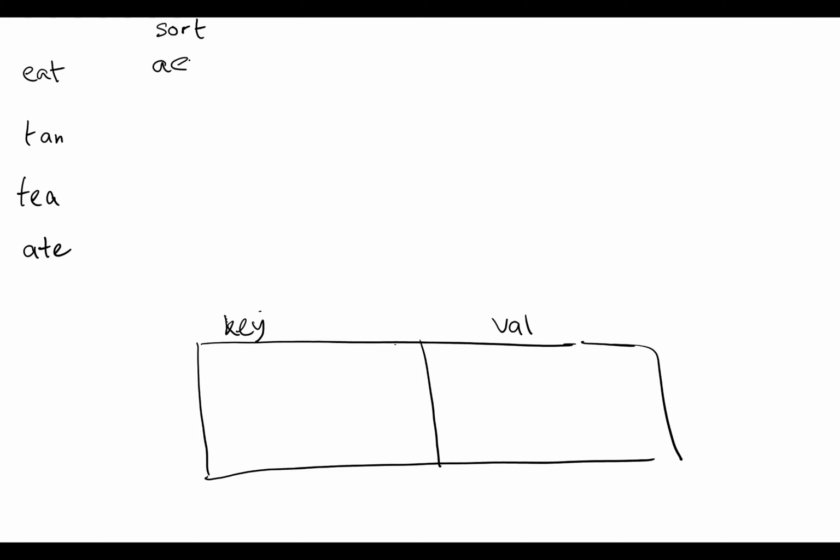So what we are going to do is, we are going to check if AET is already in the map. So this is the hash map. It's not. So what we do is, we put AET and we start a list here. And we say EAT is the word that we have with this pattern, right?